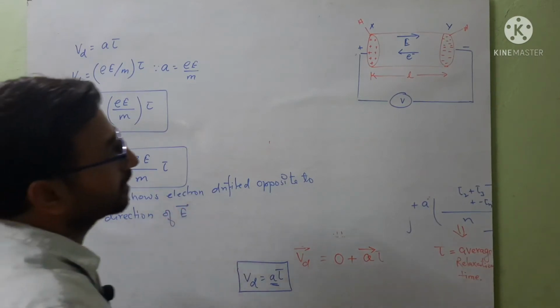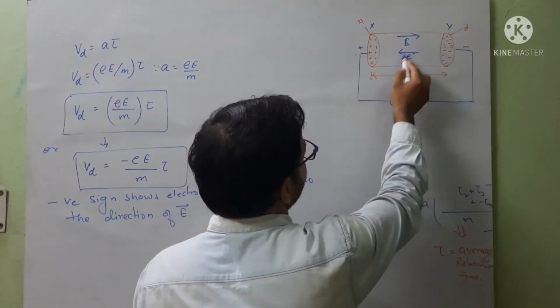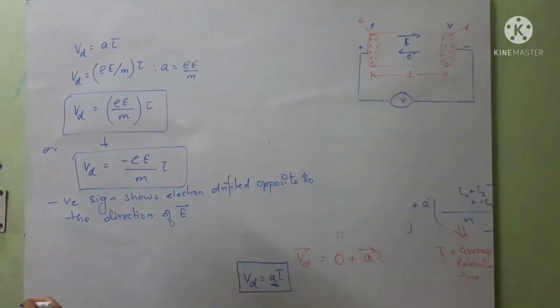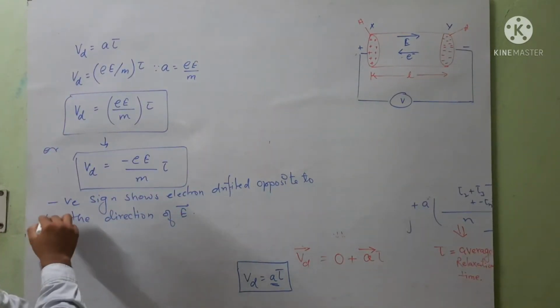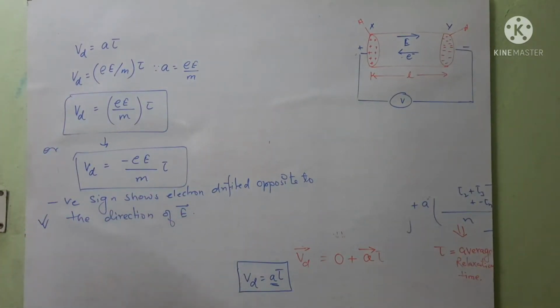You can see electron is drifted opposite to the direction of electric field E. Got it? So this is the derivation for the drift velocity of an electron.